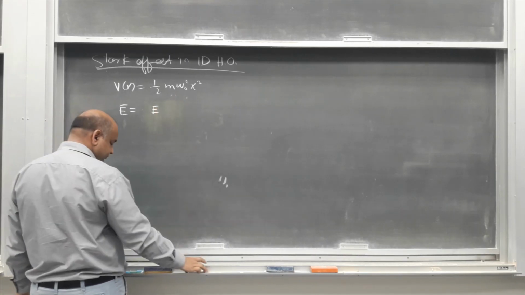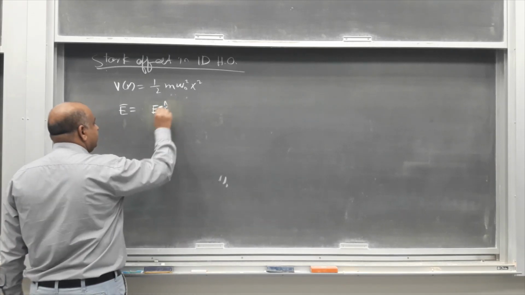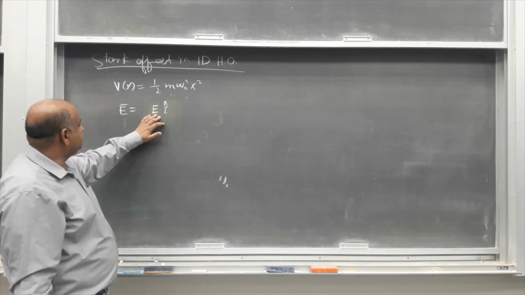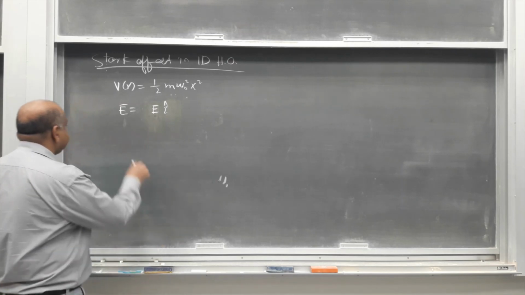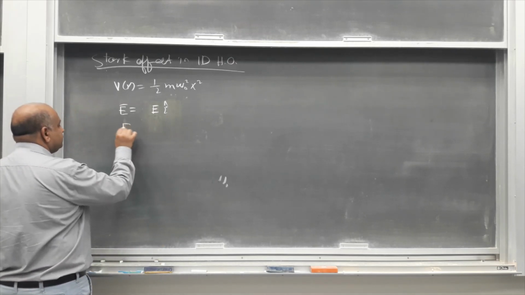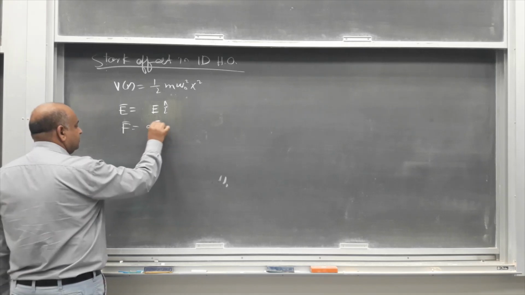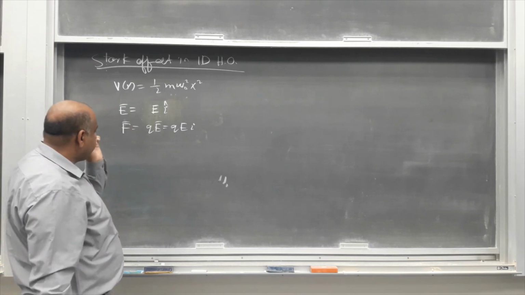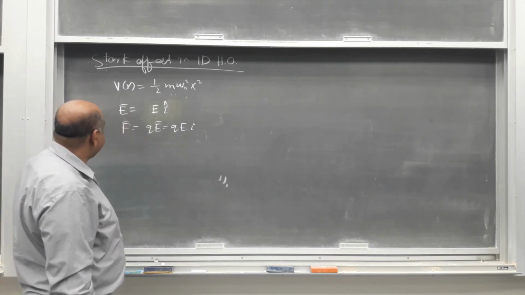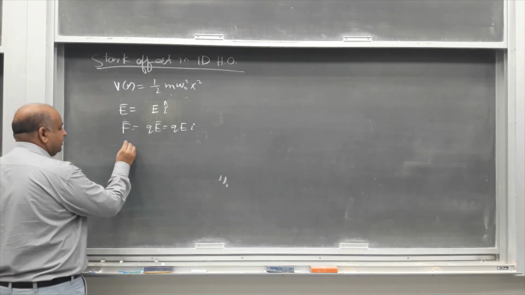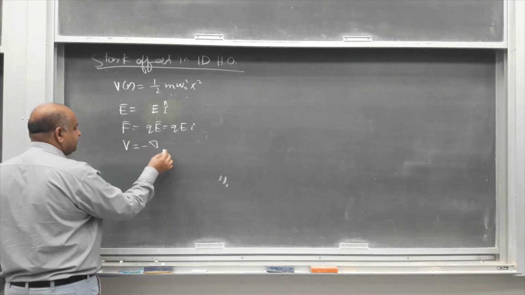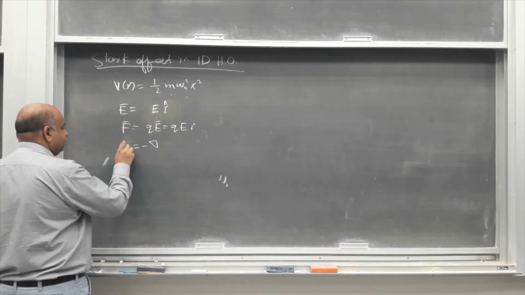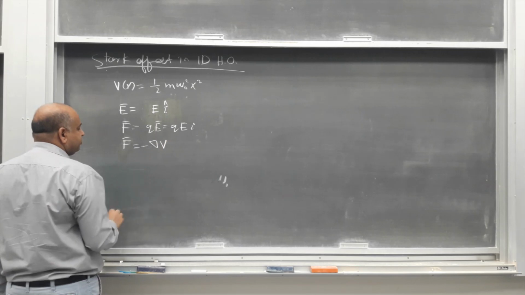So it's E i hat. If this is the electric field, and suppose the charge is Q on the particle, it means that the force on this particle is this, and if this is the force, the potential energy due to this electric field is defined such that the force is the negative of the gradient of the potential.